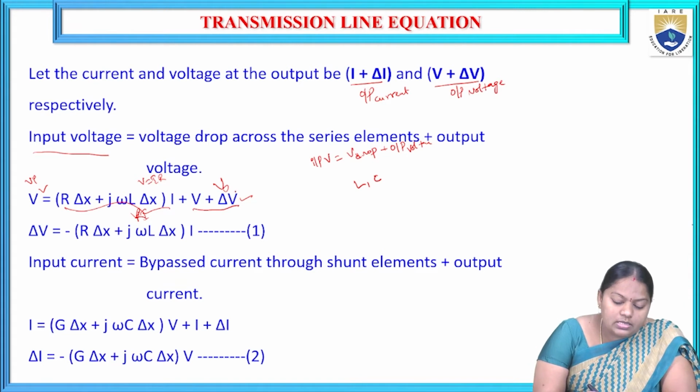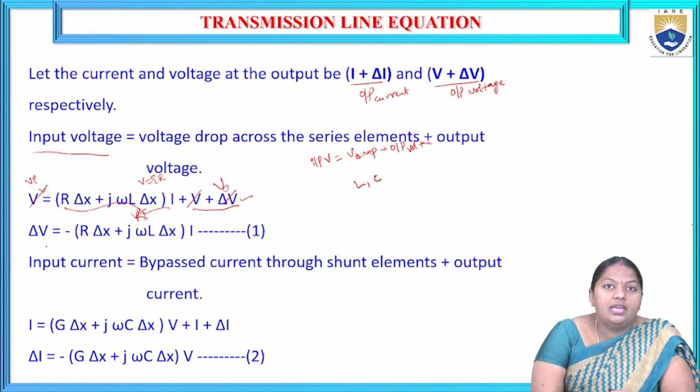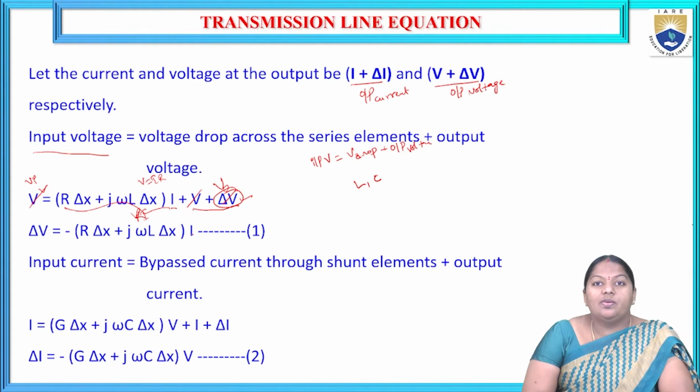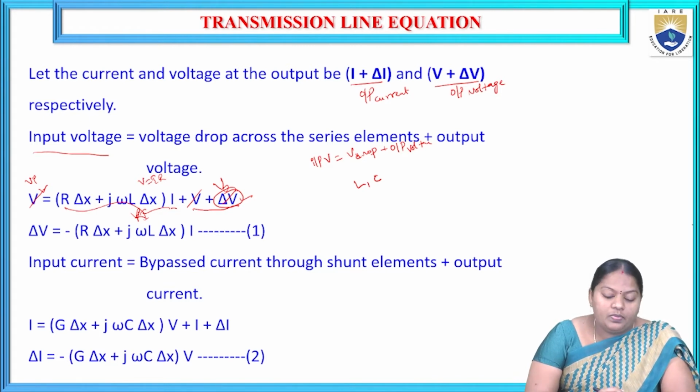Now on both sides, V and V get cancelled. Hence delta V equals minus of R into delta X plus j omega L into delta X, multiplied by the current I. Now consider this as equation number 1.